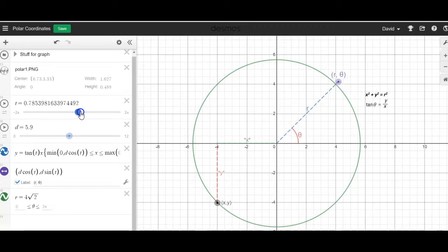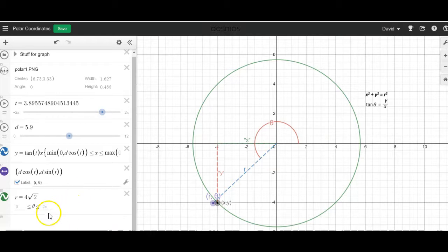And it's also 1 if we add pi radians to that and come down here in quadrant 3. I can't get quite on it. It's skipping over. But anyway, the value that we're getting there would be r would be 4 square root of 2, and theta would be 1 pi over 4, 5 pi over 4.